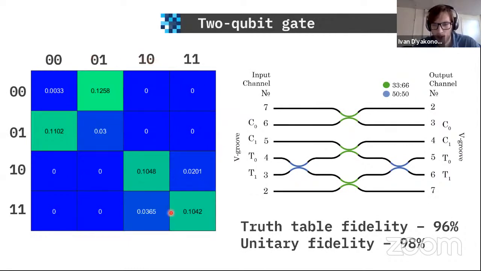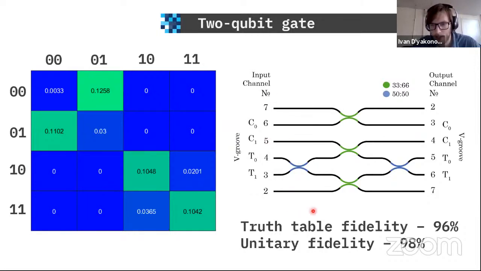So on the left, you can see the truth table, which is actually not really the full process matrix, but only the probabilities of finding the logical states on the output. So the truth table fidelity is quite good, 96%. And also you can see here that the truth table has the values of 0.11 approximately, which is the probability of success of such operation, which agrees nicely with the theory, which is 0.11.